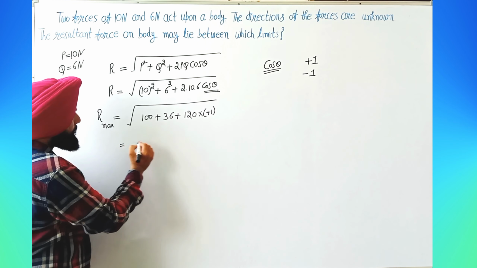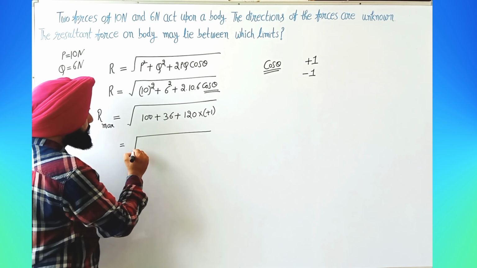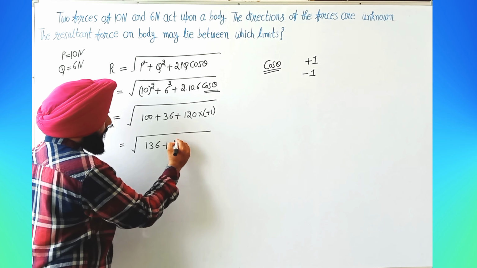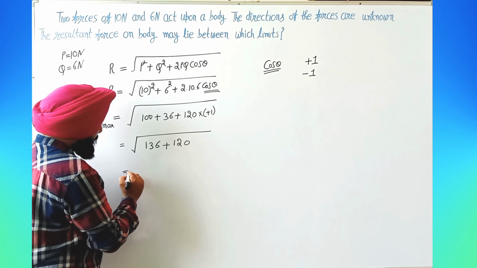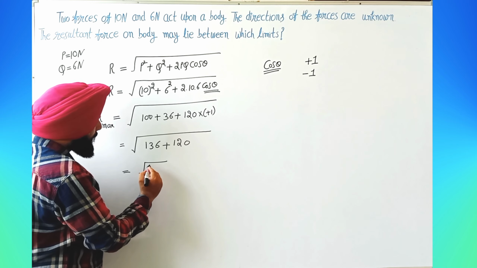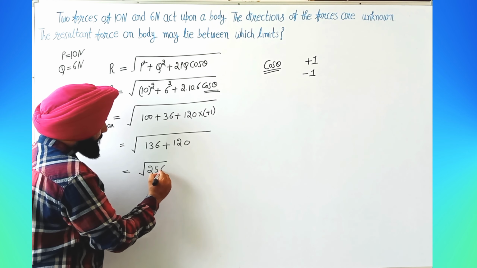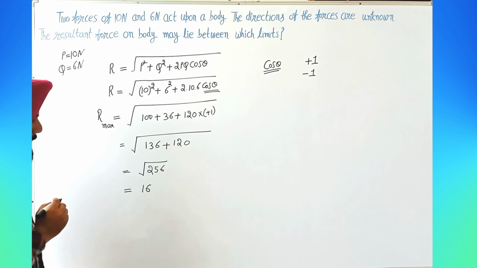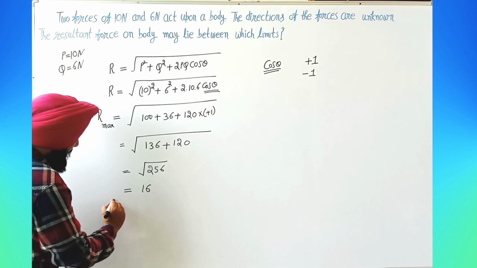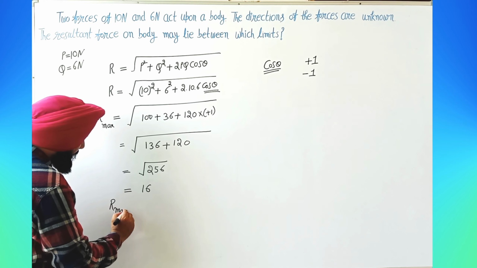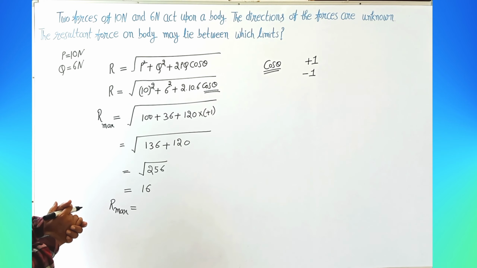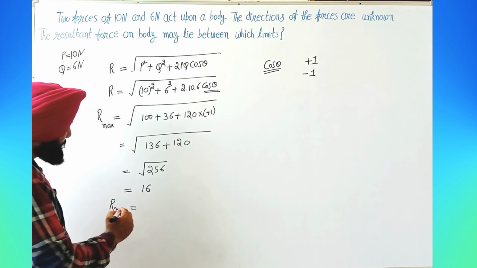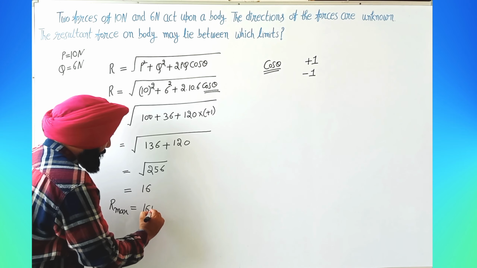So this becomes square root of 136 plus 120, square root of 256, means 16, taking positive value. So resultant of these two forces acting upon a body, maximum value is 16 Newton.